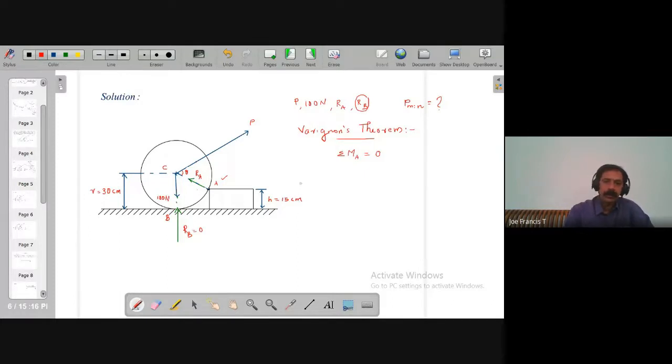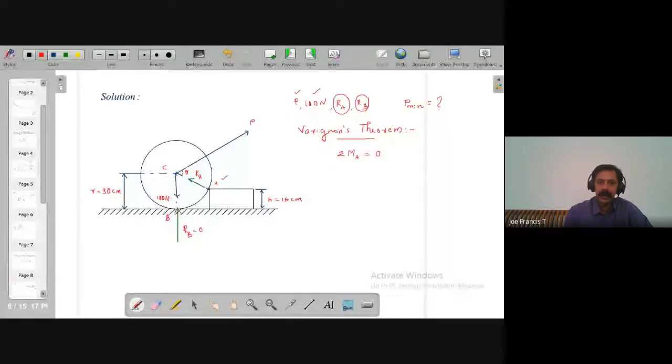When you calculate this equation, you identify that this force RA is passing through this point A. Since RA is passing through point A, it will not have any moment at A. So you can also ignore RA. You are just left with two forces, P and 100 Newton.